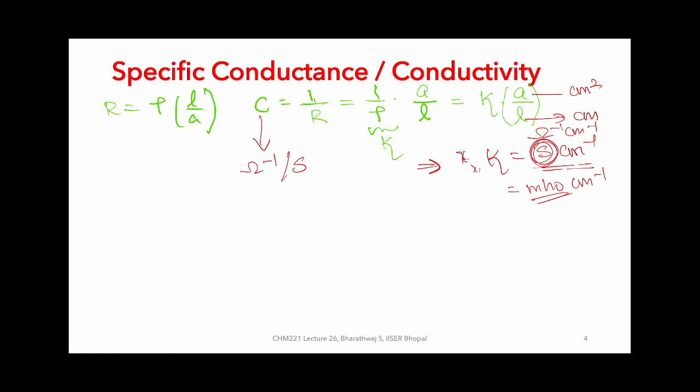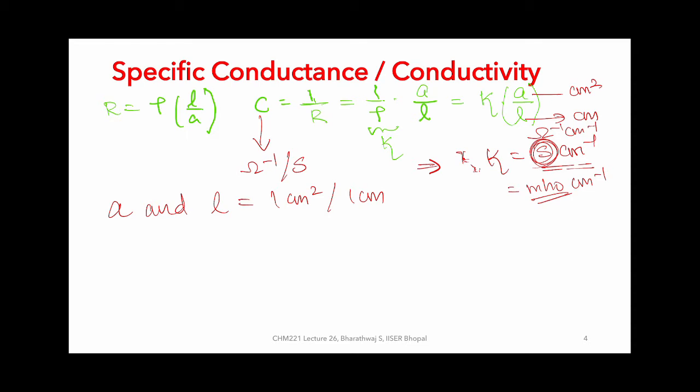Okay, now having said this, we'll try to define conductivity. Let's assume that for a centimeter cube, A and L are going to be 1 centimeter square and 1 centimeter respectively.